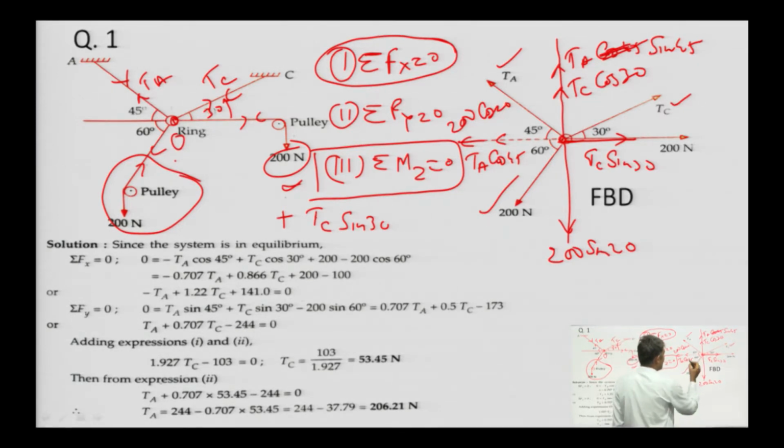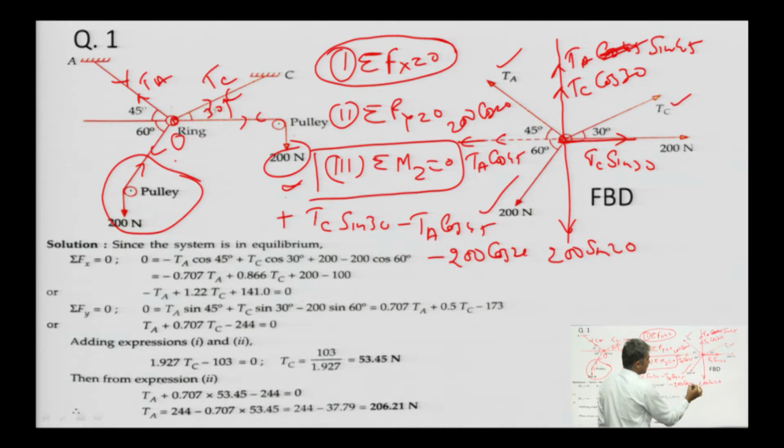The other forces acting in the horizontal direction, TA cos 45 and 200 cos 20, are both acting in the negative direction, which is why we take them as negative: minus TA cos 45 minus 200 cos 20.